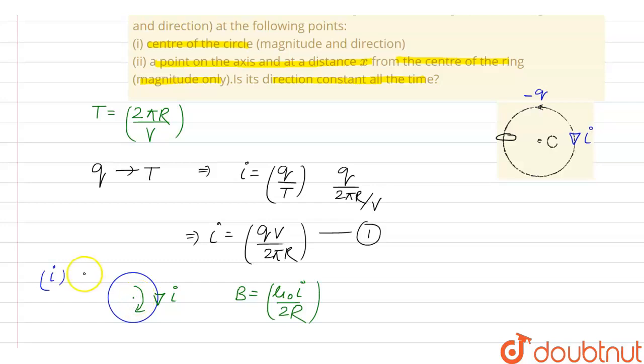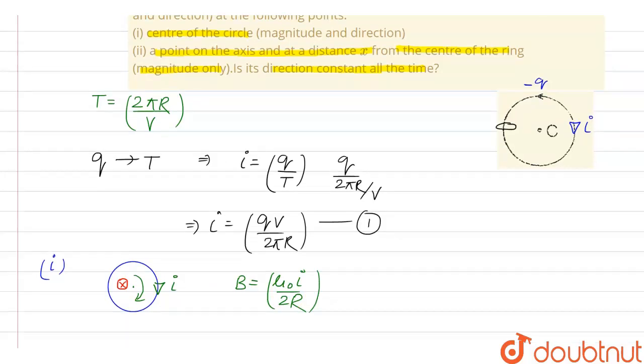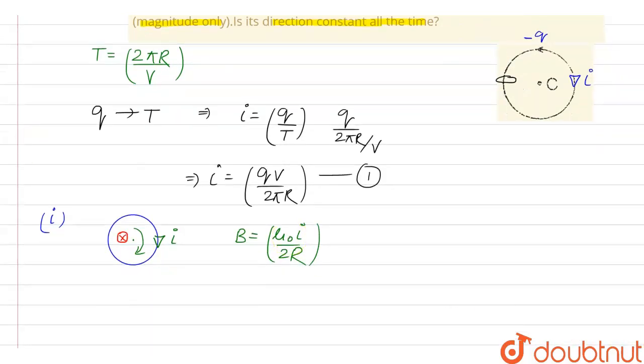The same will be the direction of the magnetic field, where the magnetic field will be in the cross direction, that is going inside the plane of the loop. Now we can just substitute the value of current in the above expression to find the final expression for the magnetic field. So the magnetic field at the center can be given as mu naught I upon 2r.